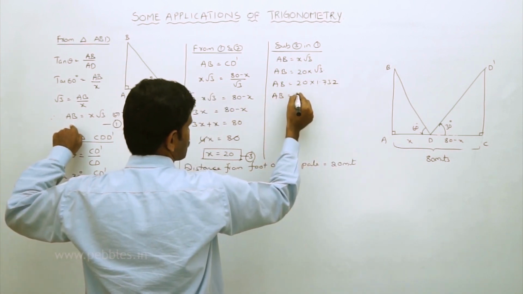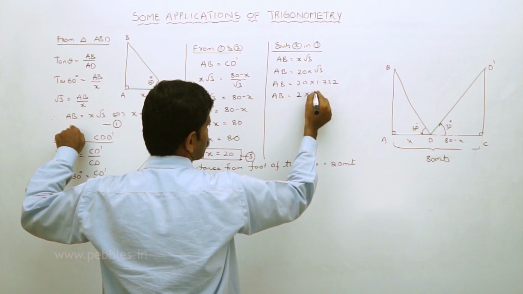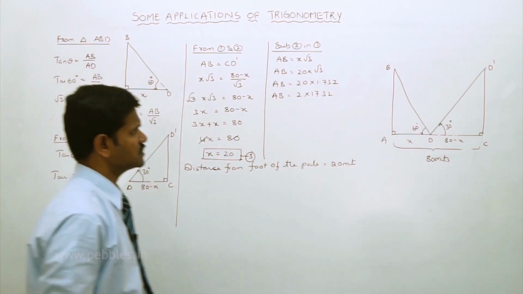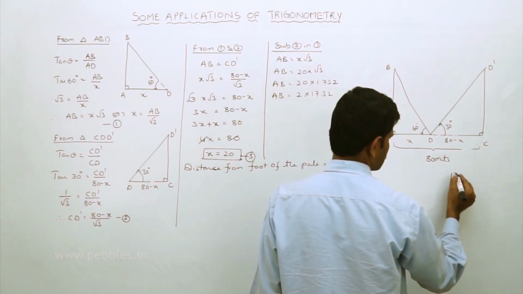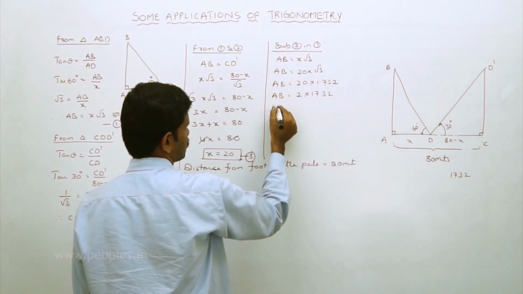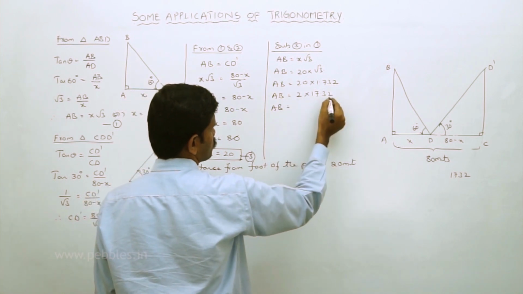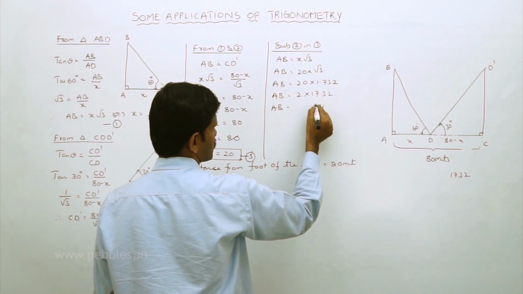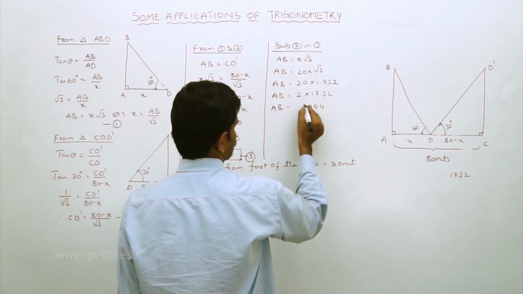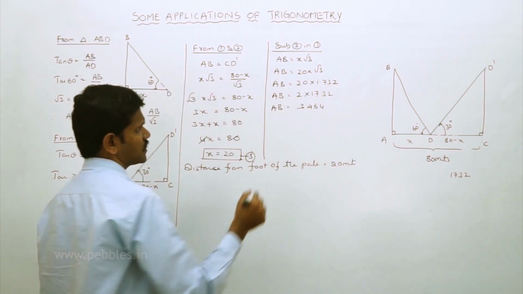Therefore, AB is equal to 2 into 17.32, that is, 17.32 multiplied by 2. Two 2's are 4, two 3's are 6, two 7's are 14.